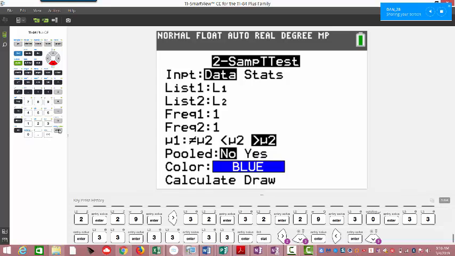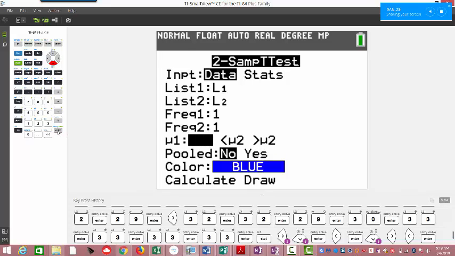Now, which of these are we doing? Not equal, less than, greater than, which one are we doing? It tells you not equal because it specifically tells you a 2-tailed test. Okay?